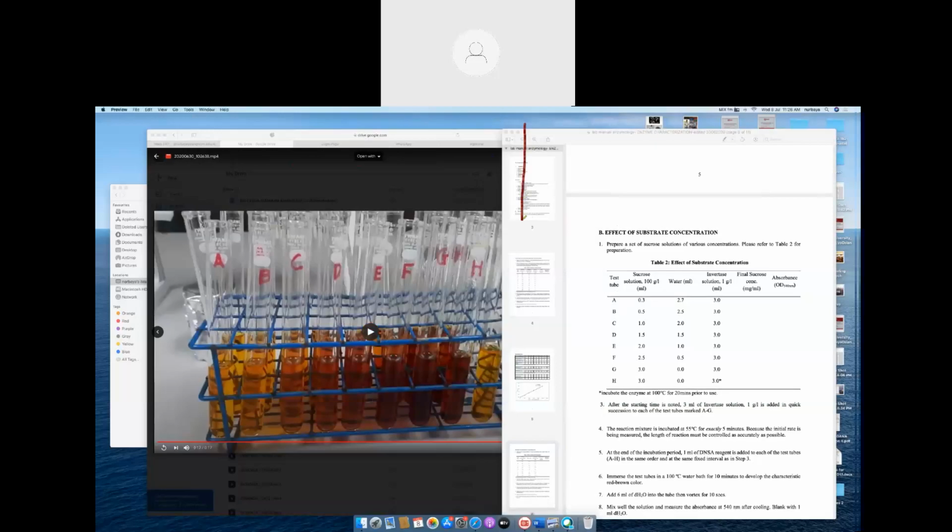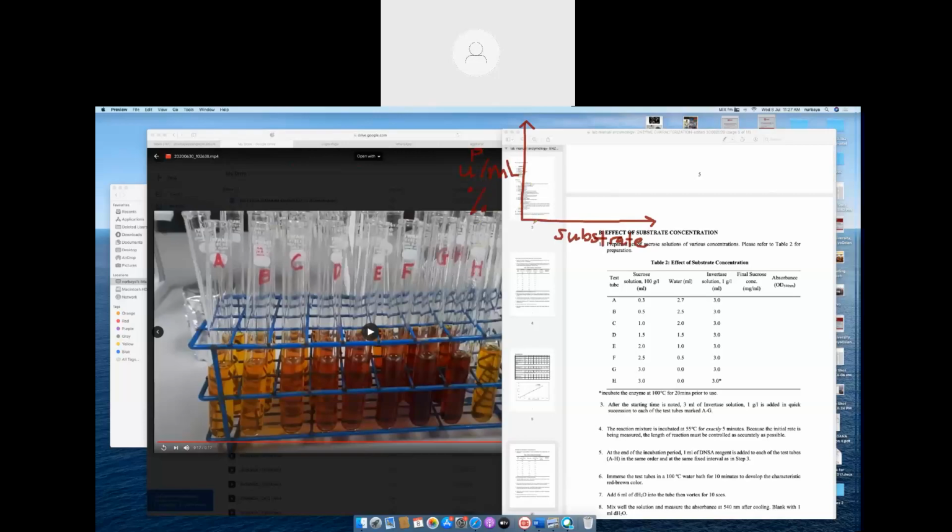When we have the effect of substrate, we need to have some idea that our graph will be like this. The substrate is here, and then we are going to have the product, the P here. You can measure the product in terms of units per mL or relative activity.